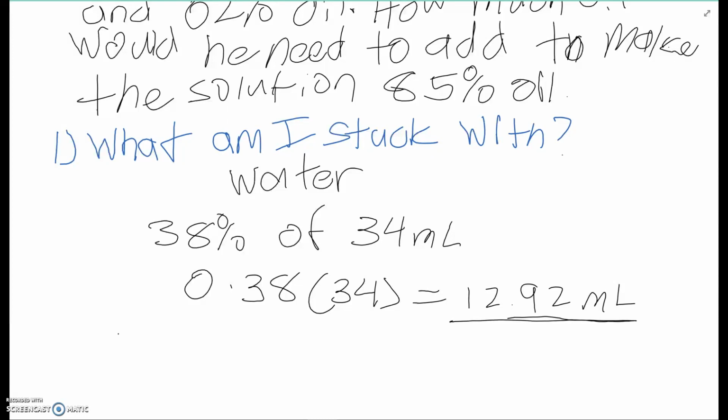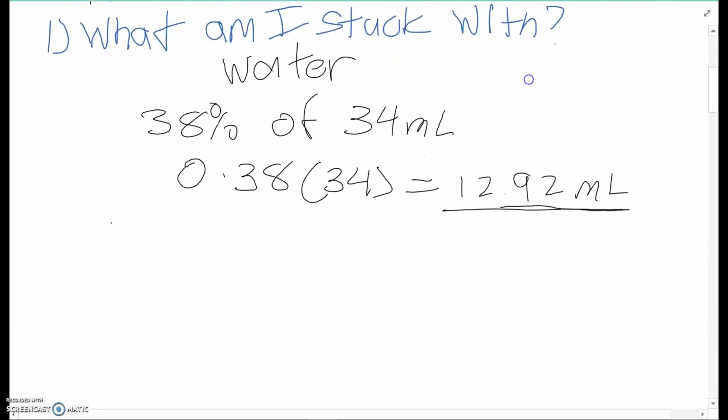So I am stuck with 12.92 milliliters of water, and I want a solution that's going to be 15% water, and this is how much I have to work with. So step two would be to flip the problem.